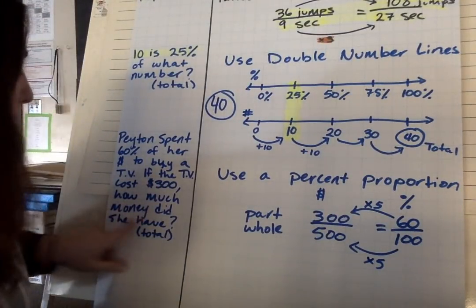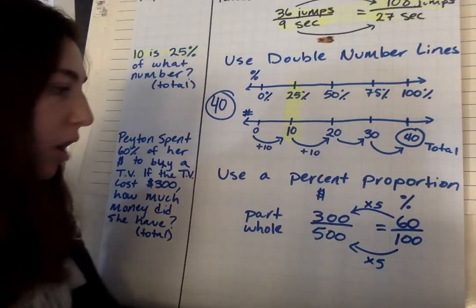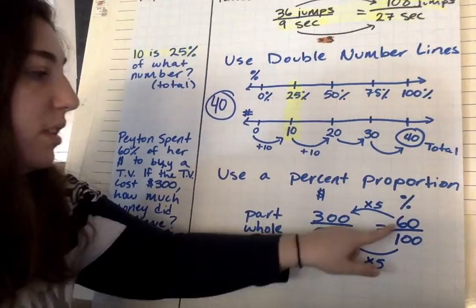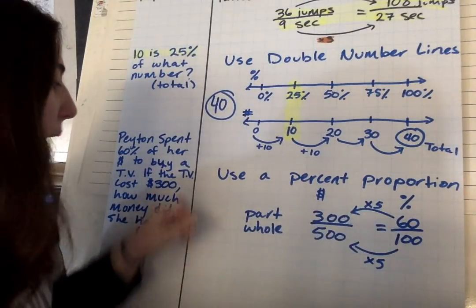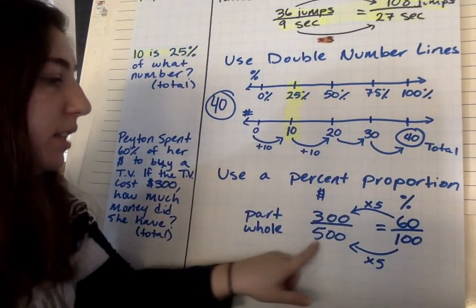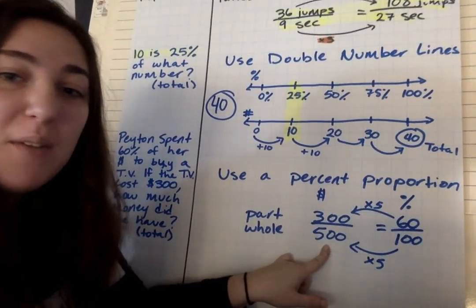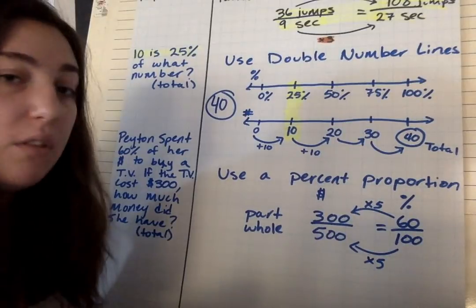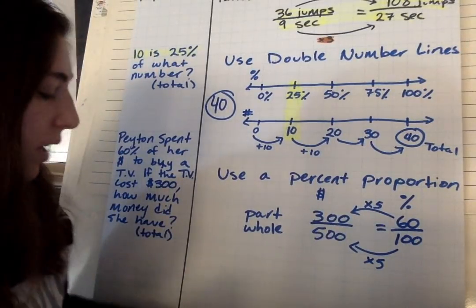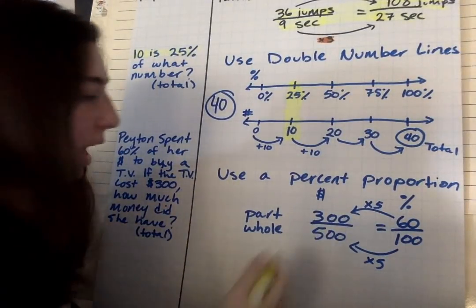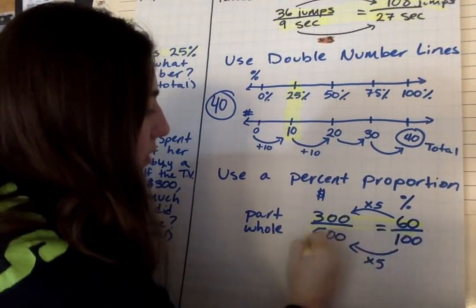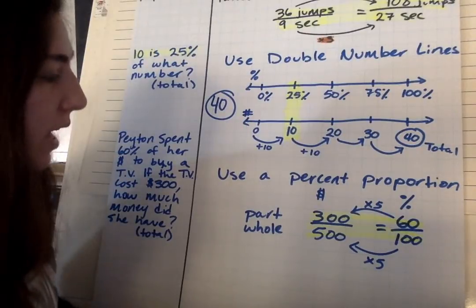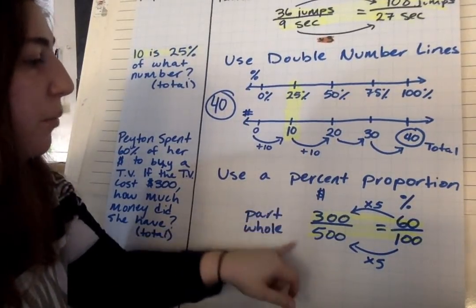So how much money did she have total? Well, she had $500 total, and she only used 60% of her money to buy the TV. 60% of her money is going to be $300. So just going to highlight this real quick. Again, this is a proportion, okay? We're using a percent proportion.